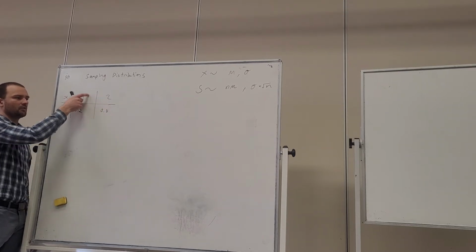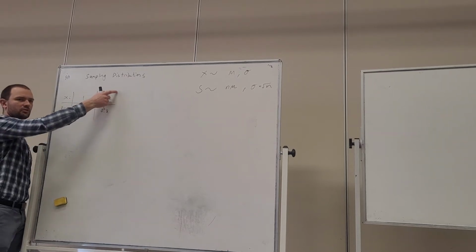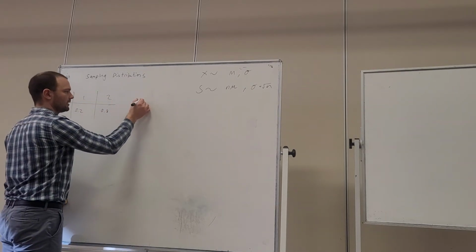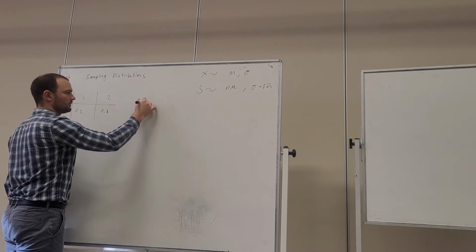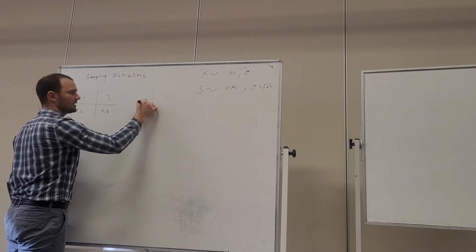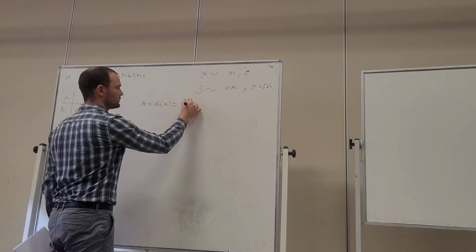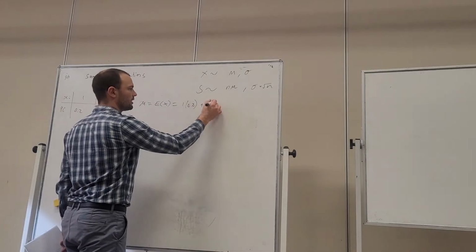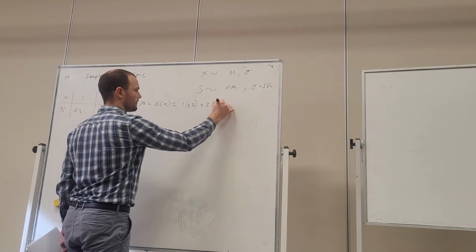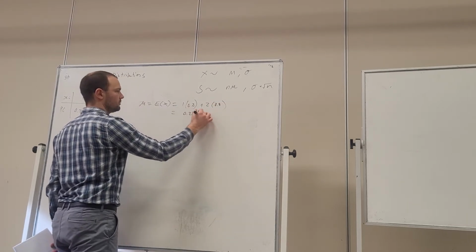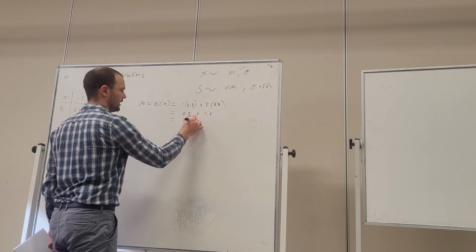So the mean is E of x, which is 1 times 0.2 plus 2 times 0.8. That gives us 0.2 plus 1.6, which is 1.8.